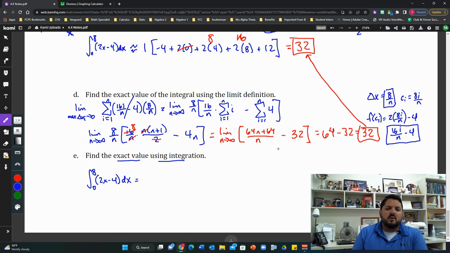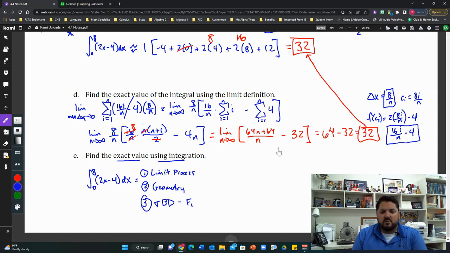So my options include: option 1, I can do the limit definition, the limit process, which we just did. Or option 2, I can use geometry if the region created is a known geometric shape. Or option 3 is TBD. Option 3 is what we're going to learn in our next video.